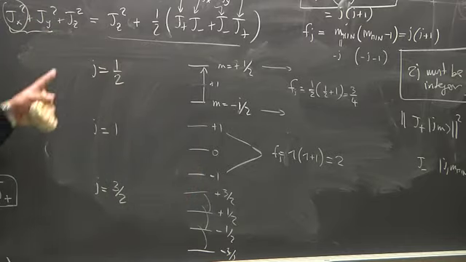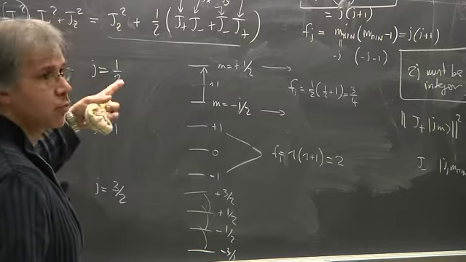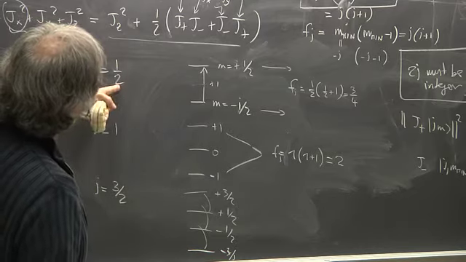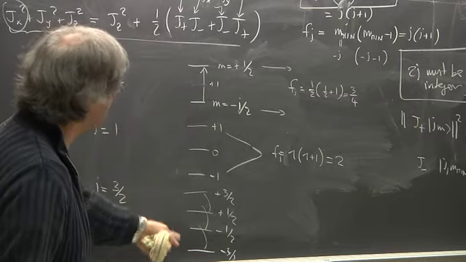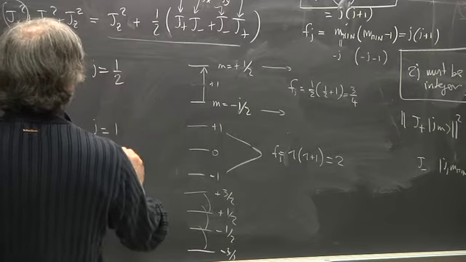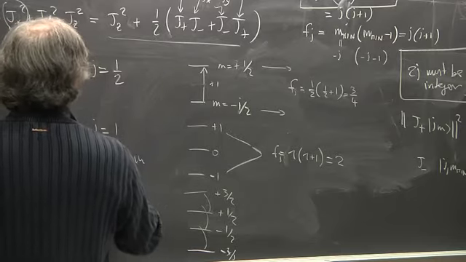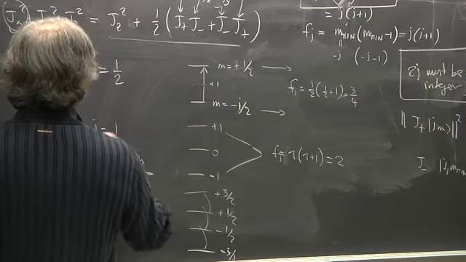Okay? So you see the number of states, depending on j, increases. In fact, it's 2j plus 1. You see, for j equal to 1/2, I have 2. J equal 1, I have 3. J equal 3/2, I have 4. Okay? So in general, 2j plus 1 states in the multiplet. This is called a multiplet.